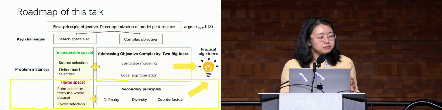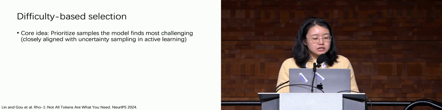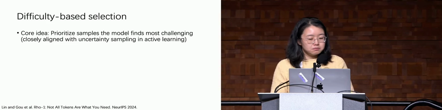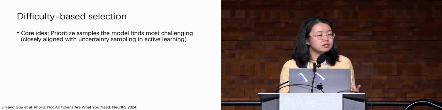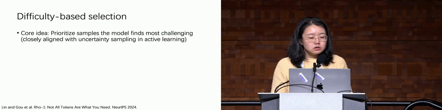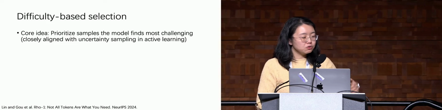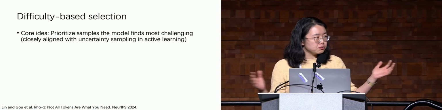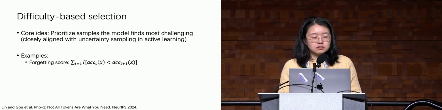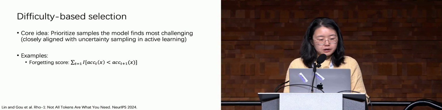Okay, but the bottom line here is that these heuristics do not guarantee alignment with the original objective, but they are far more computationally manageable in practice, and they usually deliver some strong results. Okay. So this is the roadmap. Now we are going to move beyond and look at some general problem instances with super large search space. And we're going to talk about some secondary principles that can eventually lead us to practical algorithms.